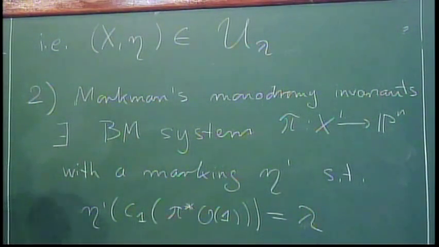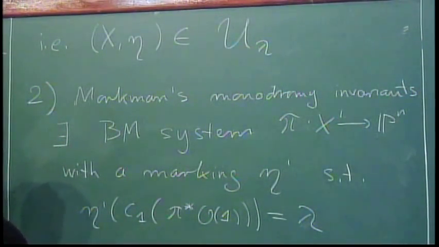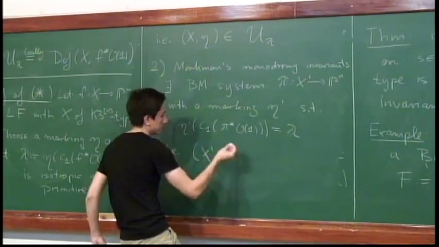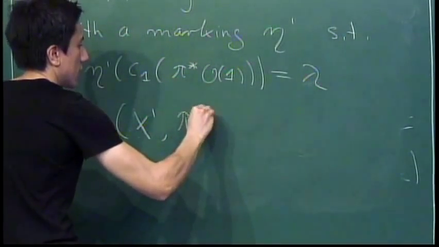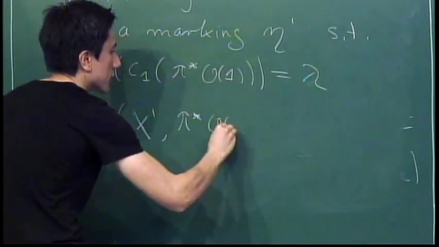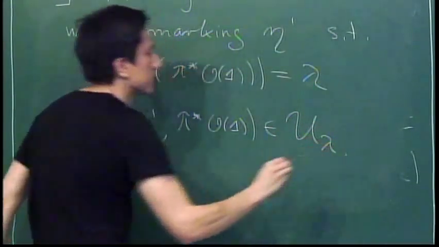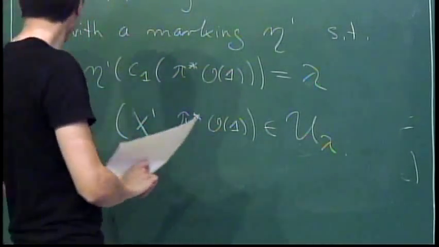So the pair X', pullback of O(1), is also in this connected component of the moduli.